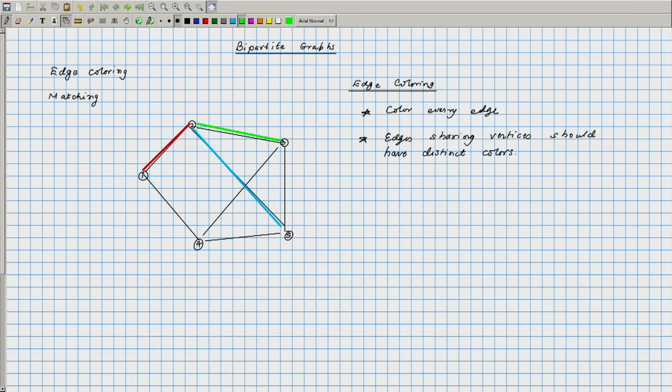Now, the 1,4 edge could be given green color, and 4,5 could now be given, let us say, red color, and 4,3 must be given blue color.